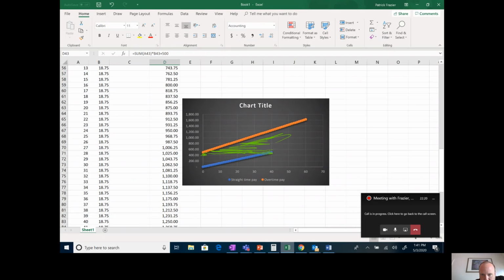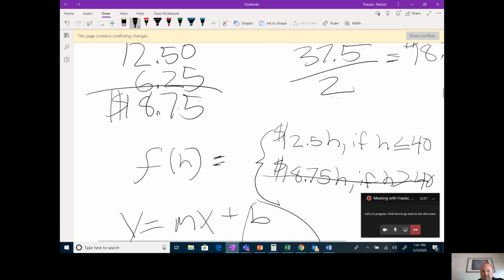And you can almost think of that like a little triangle here. Not sure how much money you could potentially make versus this area down here below the $500 mark. And see, that's what connects it between 40 and then just above 40, you're making that over time. So that's how that would work. And going back to the piecewise function real quick as our last thing.